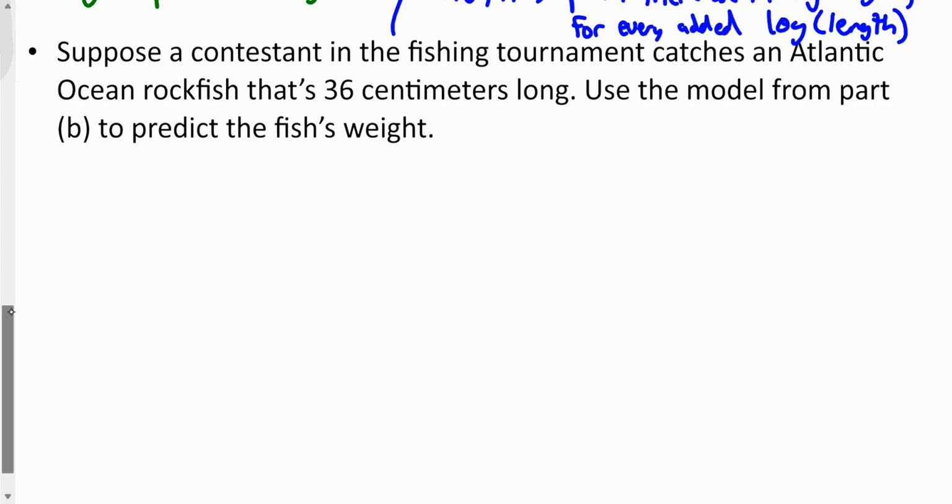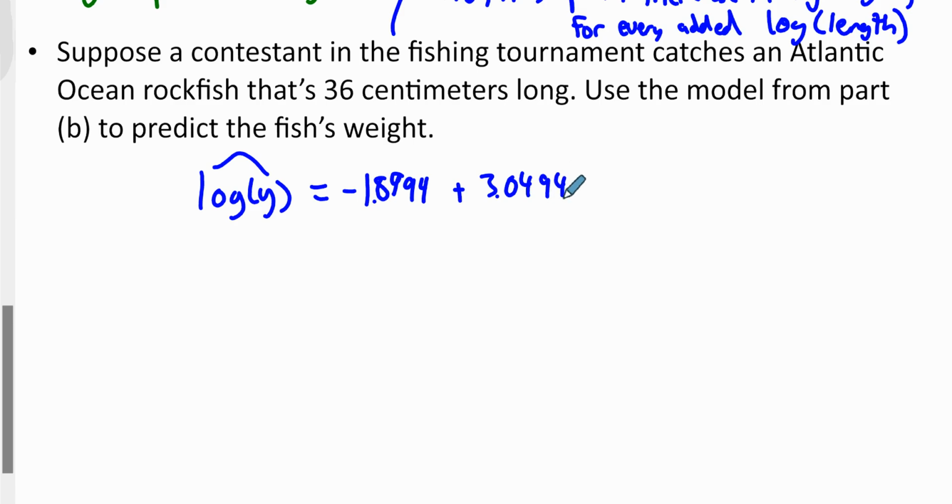Use the model from part B to predict the fish's weight. So we had log of y hat equals negative 1.8994 plus 3.0494 times 36. So we're actually going to do log of 36 there, sorry.